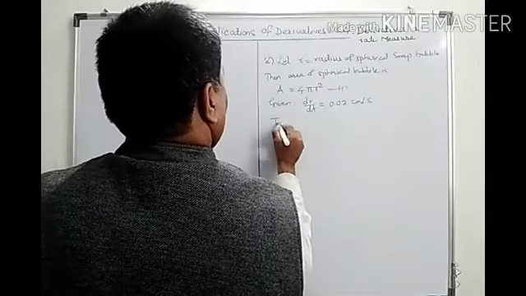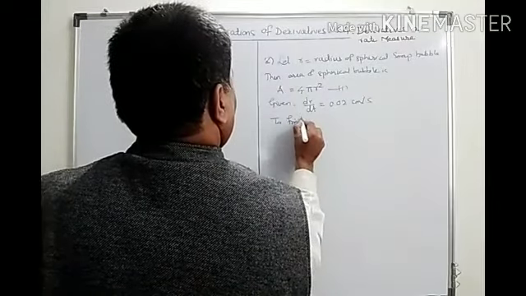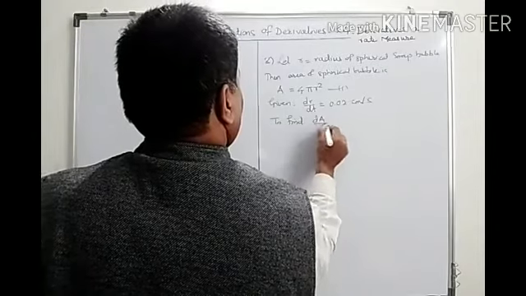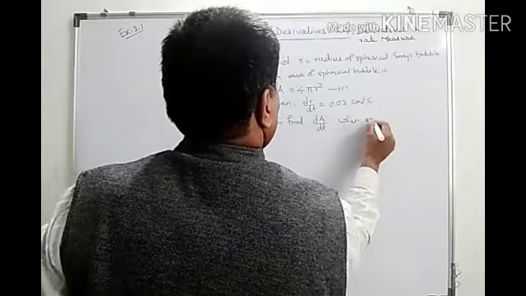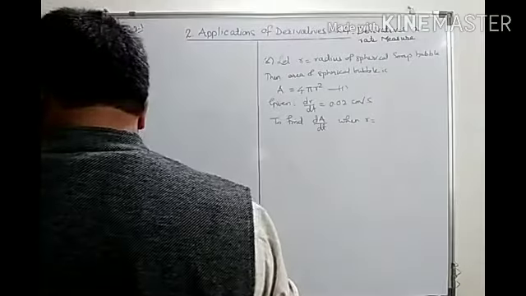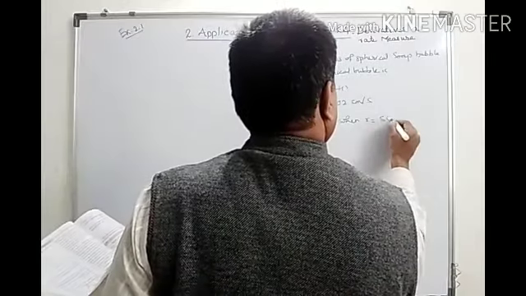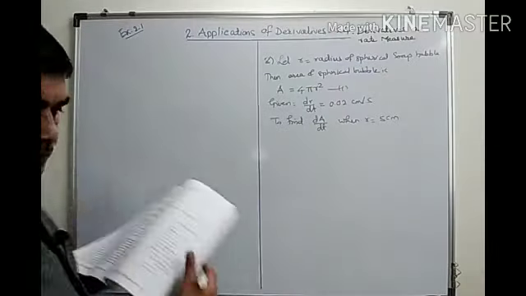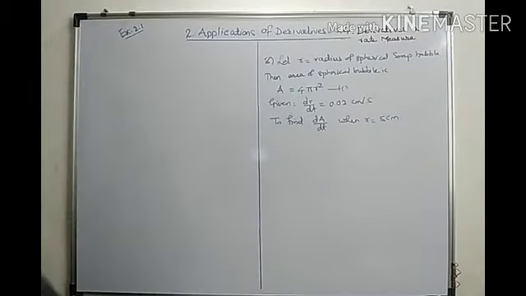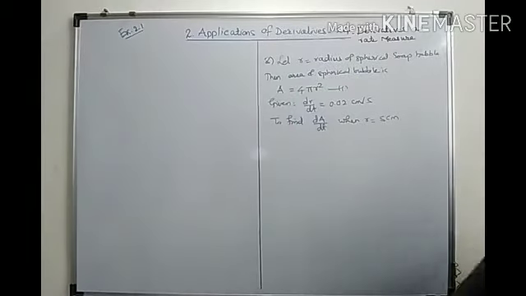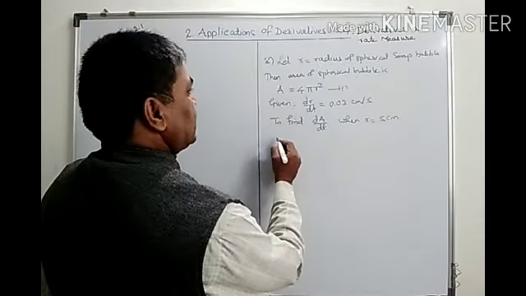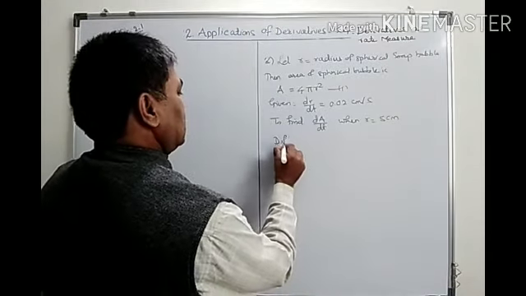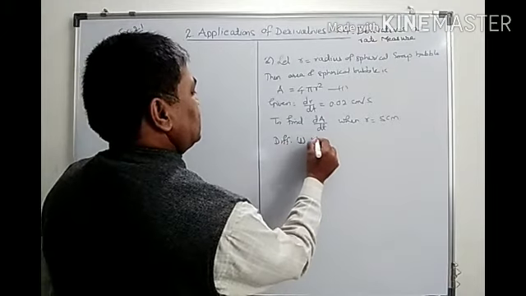And what we have to find? dA by dt when r is equal to 5 centimeter. So differentiating with respect to t.